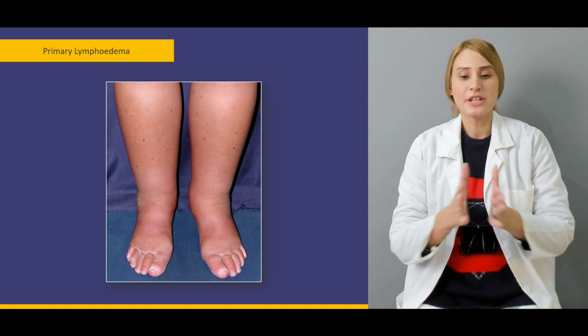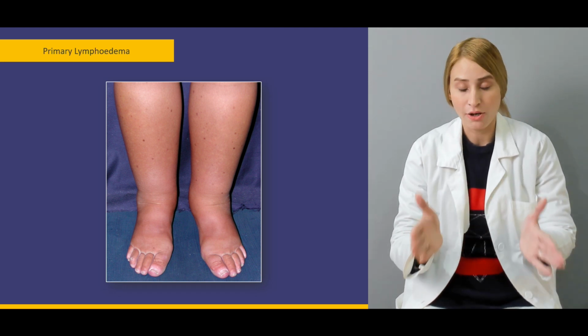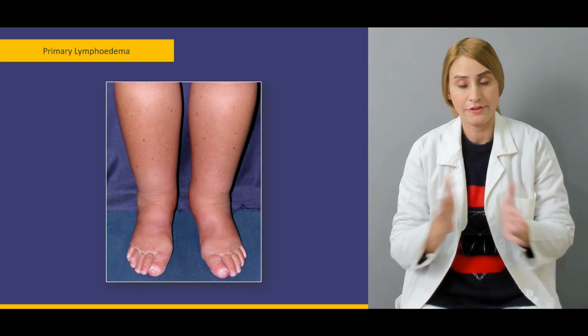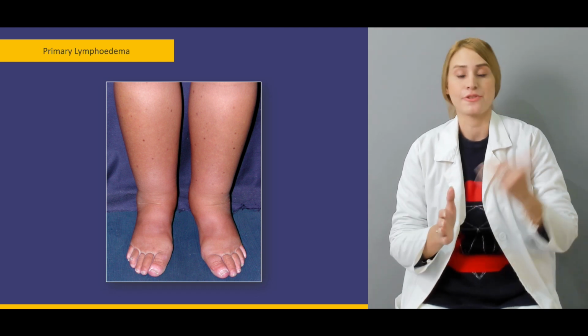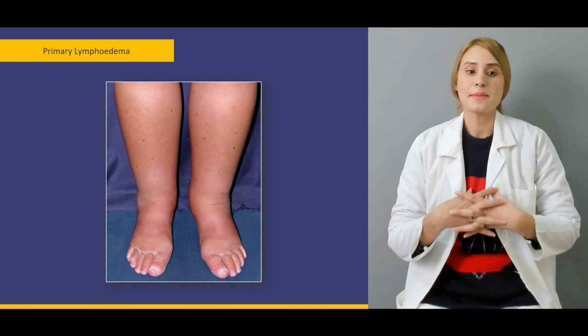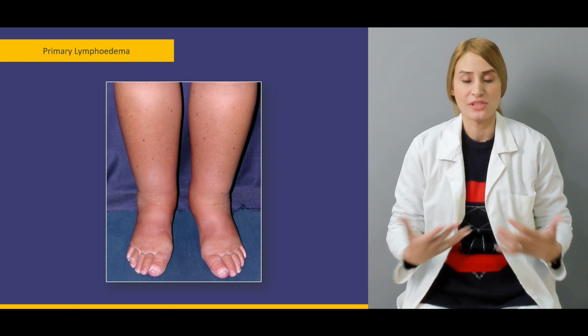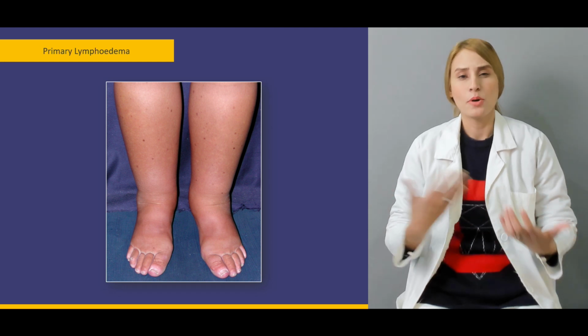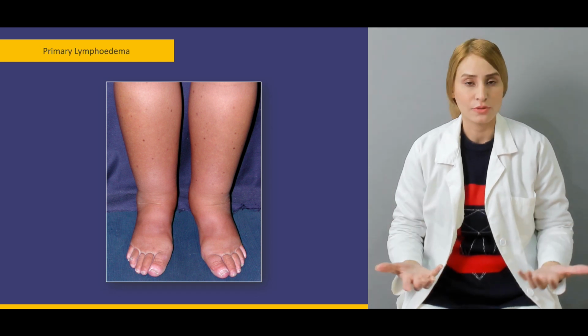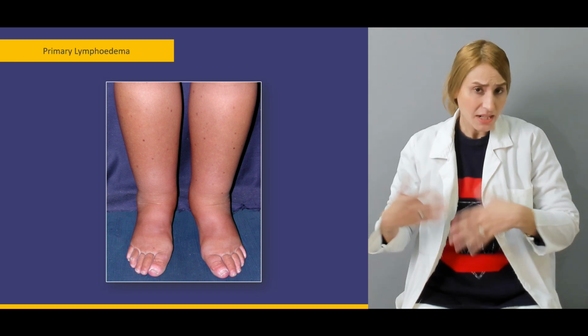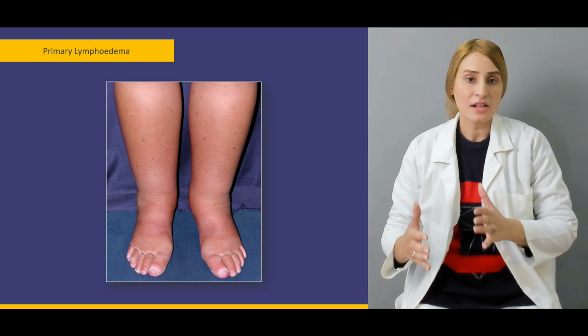So if you could appreciate in the diagram, I believe you are all familiar with this kind of picture, which was also shown in the previous lecture. This is about primary lymphedema, and it usually develops as a generalized swelling, commonly starting from the pedal part and extending proximally.